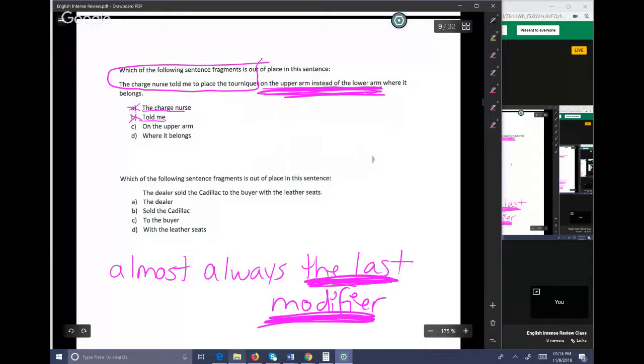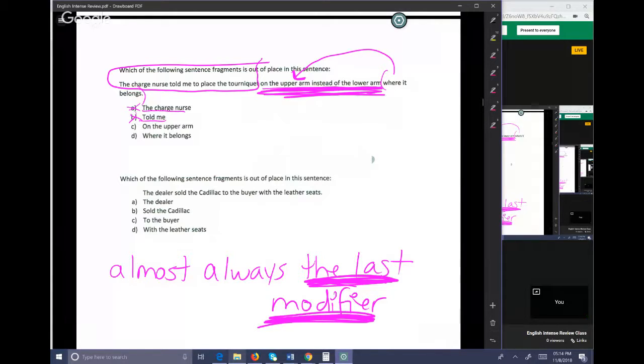If I say the charge nurse told me to place the tourniquet on the upper arm instead of the lower arm, you would see exactly what I was getting at. Then we have this where it belongs, and the where it belongs is next to lower arm, when what we're trying to say is that where it belongs is on the upper arm.